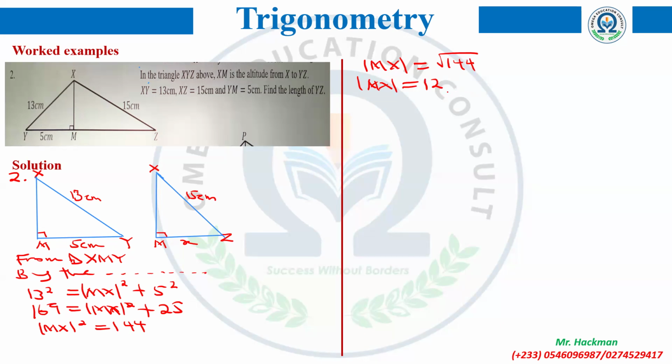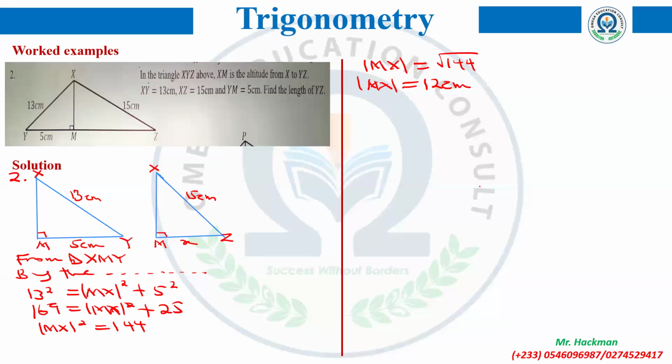Then don't forget to attach your units: the units that you have there is centimeters. But MX is only a means to an end. If I know MX, then I'll be able to find MZ and therefore be able to find YZ. That was the goal.